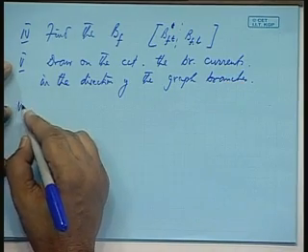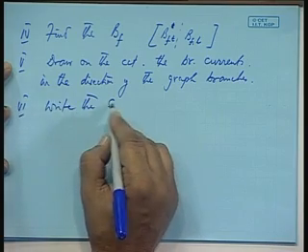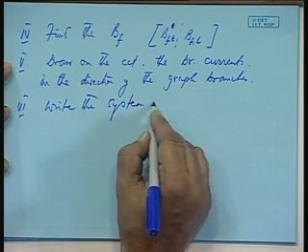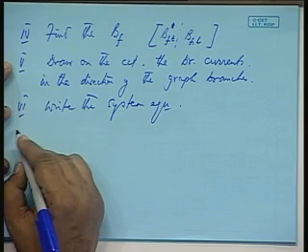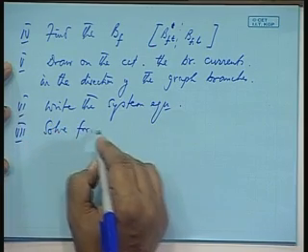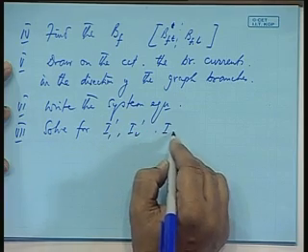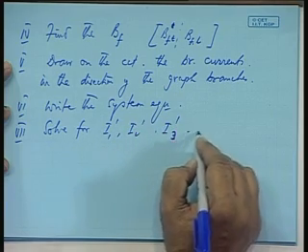Then you write the system equation, solve for I1 dashed, I2 dashed, I3 dashed and so on up to Im dashed.